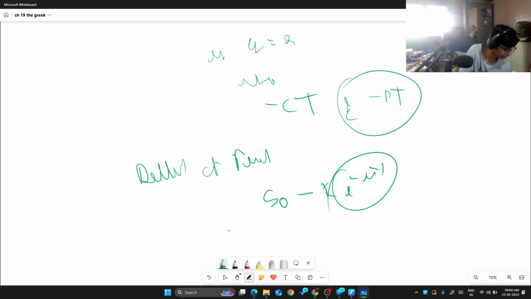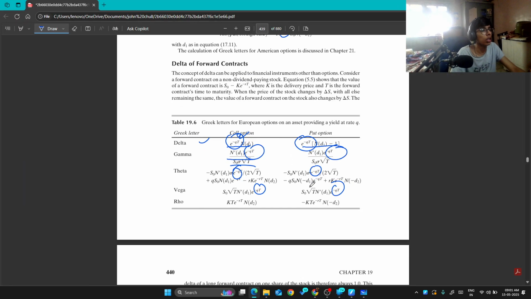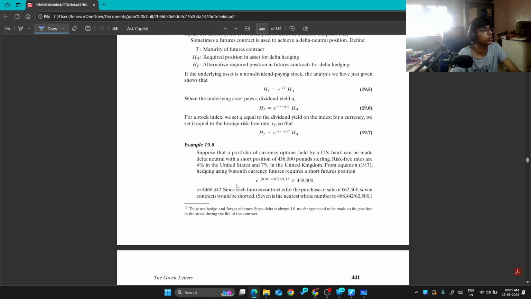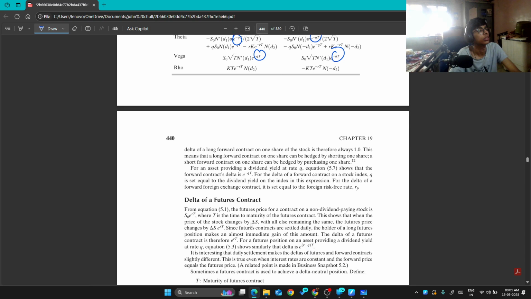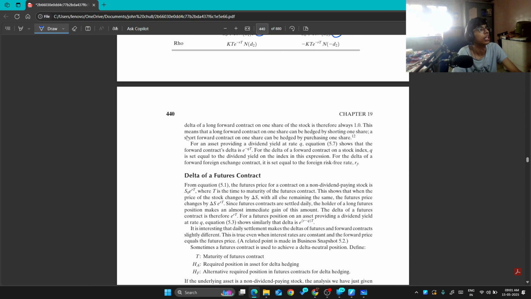Okay, the forward contract delta is just the discounting factor, because you can see that in the book, S0 is the value of the forward contract, and delta always remains the same for the value of a forward contract, and therefore the delta of a forward contract is always 1. This means that if we are long on one share, we can hedge our position by shorting the forward contract.